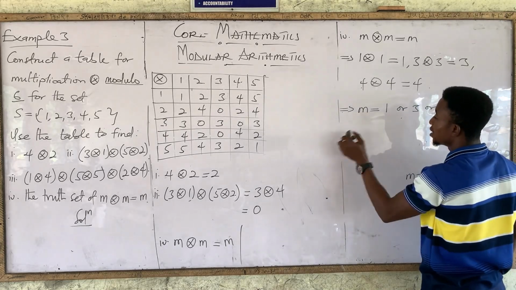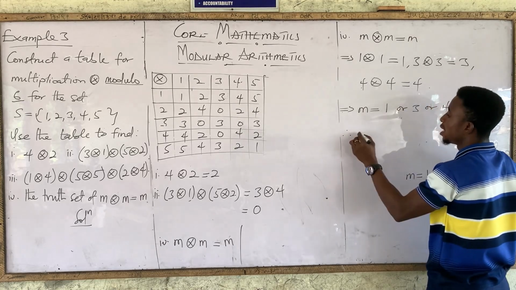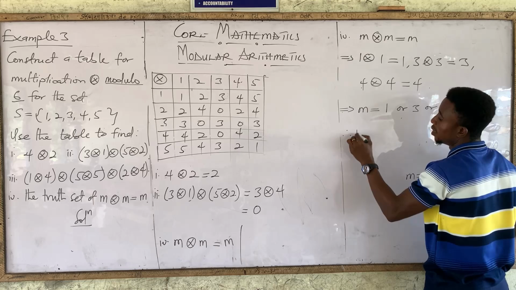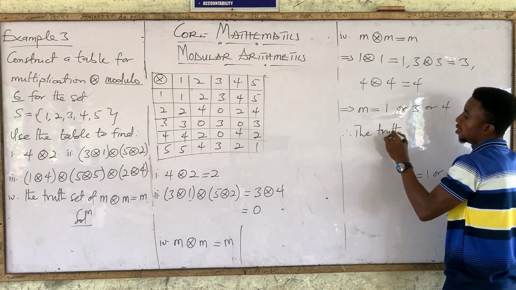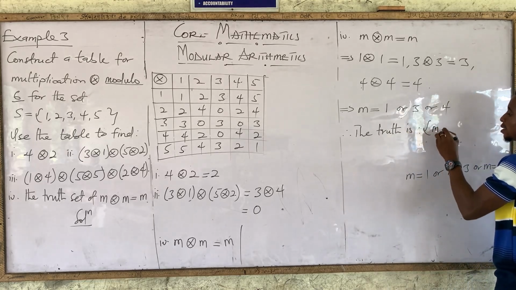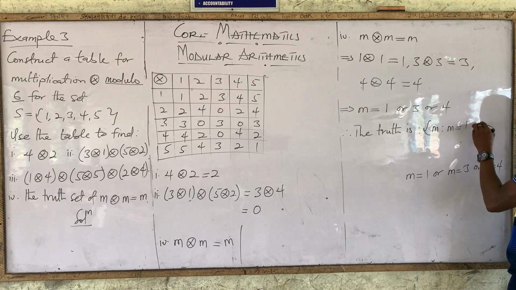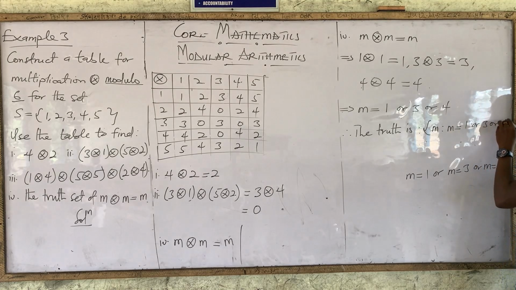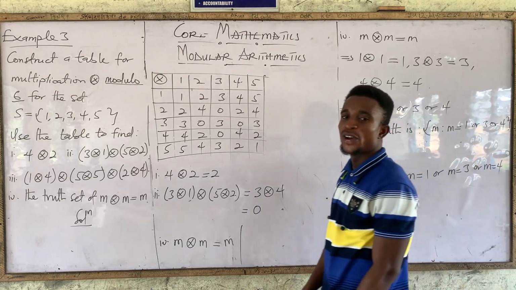So then we can now say what? Therefore, the true set is m such that m is equal to 1 or 3 or 4. Are we okay?